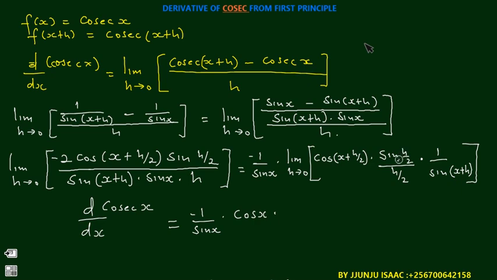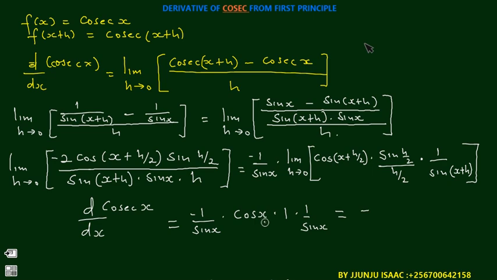As h tends to 0, this reduces to 1 times. Now this is 1 over sine x plus h. Now as h tends to 0, this becomes x plus 0, so we remain with 1 over sine x, which is negative.